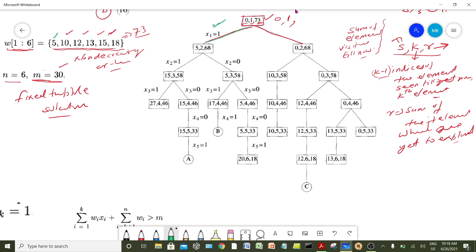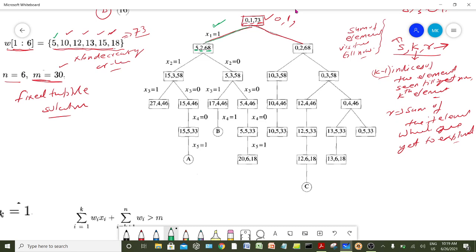So we are going to add 5 in the sum of the subset which are processed till now. Okay, and we will go to check for the second item, and the total sum remained there to be checked is equal to 68.